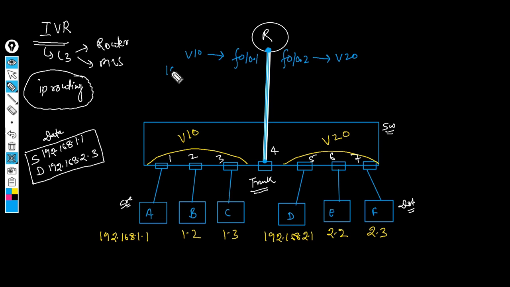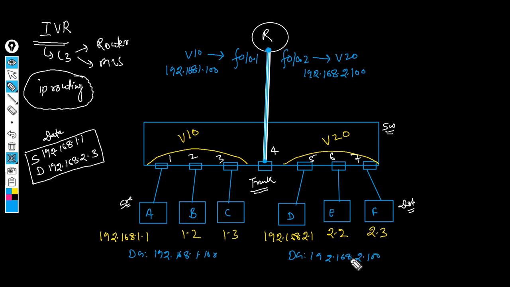The major part is that you configure an IP address on each sub interface, and this IP address itself will be considered the default gateway for your PCs. For example, the default gateway will be like this, and here the default gateway will be this.